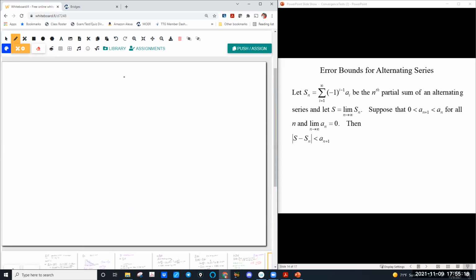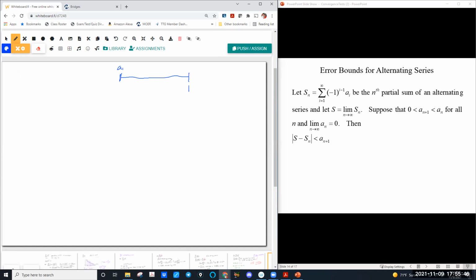So if we think about what happens with an alternating series, we start with a term, this is our a sub 1. And then we add something to it. All right, so maybe our first term is 0, and then we add 1.